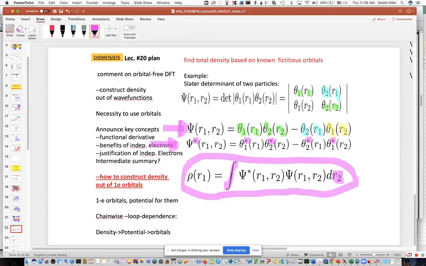In a few minutes, you will see that it does not matter which electron we integrate over. We can put R2 here and integrate over R1. The result will be the same, and it will be very symmetric, very beautiful. So let's go over this integration procedure.